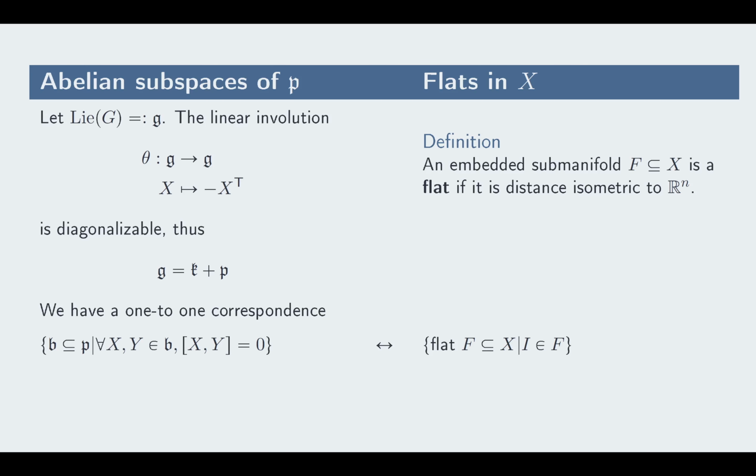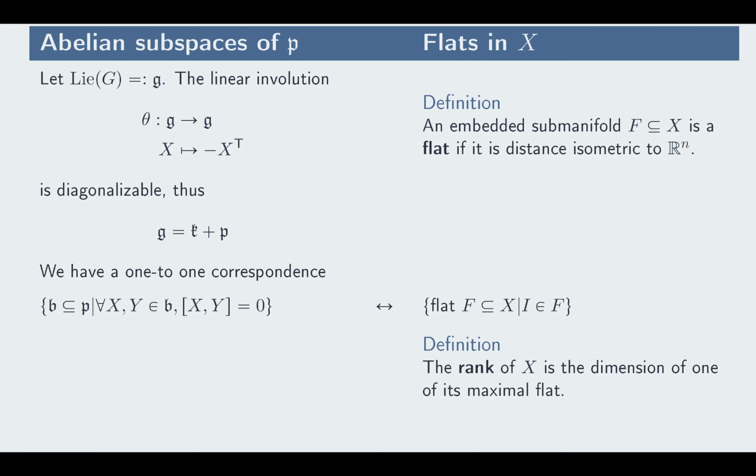Now, the set of all flats containing identity corresponds to abelian subspaces, and the correspondence is by the exponential. You take an abelian subspace b and take its exponential. The exponential of p will be all of X, and the exponential of b will be a flat. For example, the exponential of tx will be a geodesic. The dimension of the flat and the dimension of the subspace match up. The rank of a CAT(0) symmetric space like that is the dimension of its maximal flat.